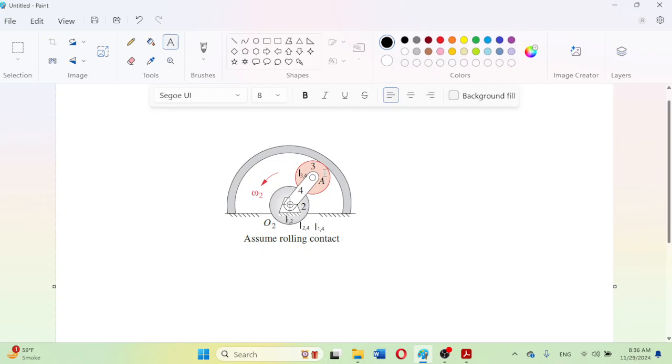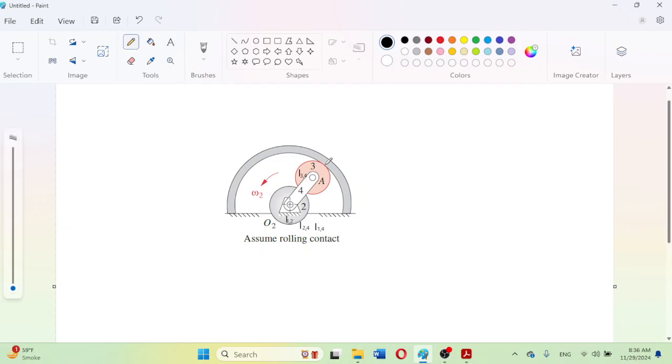So this is changing its location because the contact point actually changes at each and every instant. So this point here I can just mark that this contact point, for example here this contact point is actually the fifth instant center. So this is between link number third and link number 1.